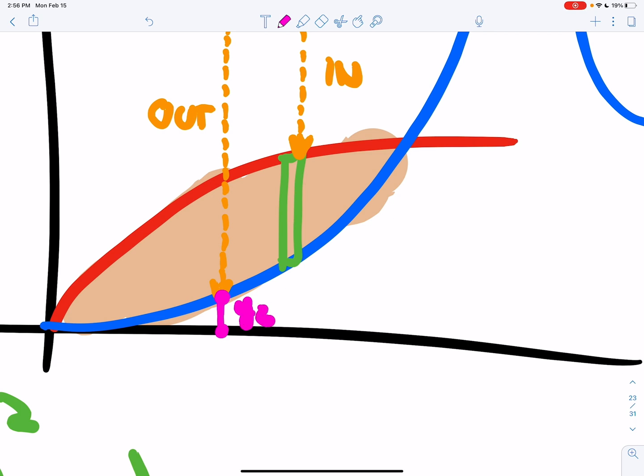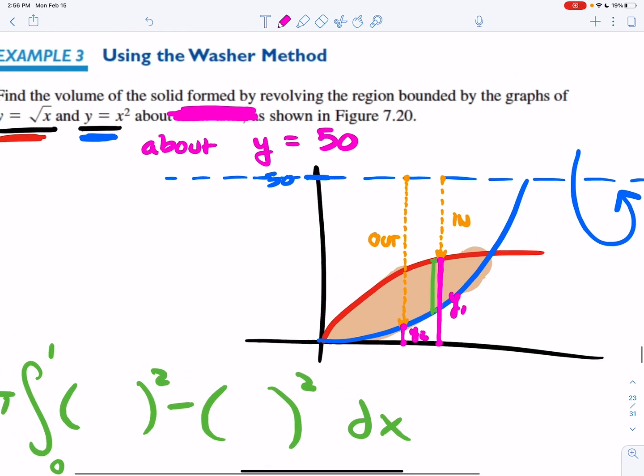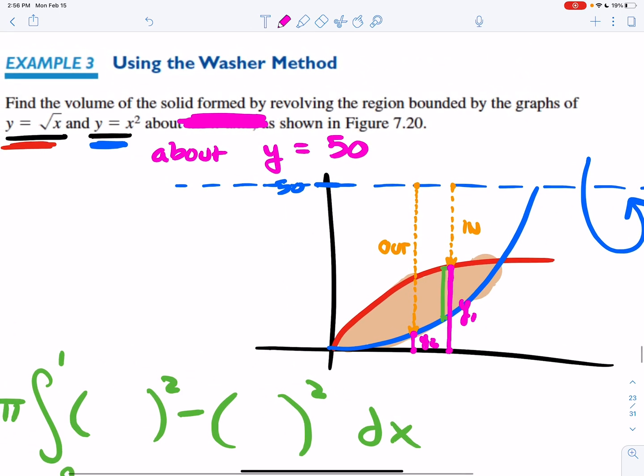Okay, from the x-axis all the way up, that is my y2 function. That's the height. And I know that if I go from here all the way up to the red function, that's my y1. But the issue is that is not what I'm interested in. I need to figure out what the length of that dotted orange line is.